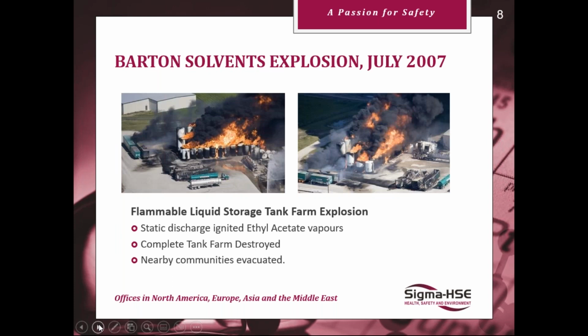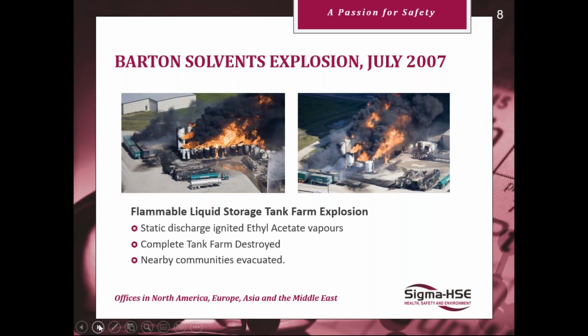Let's look at a couple of incidents here. We had the Barton Solvents explosion in July 2007. They had a flammable liquid storage tank farm, and the explosion occurred, and the static discharge ignited ethyl acetate vapors.